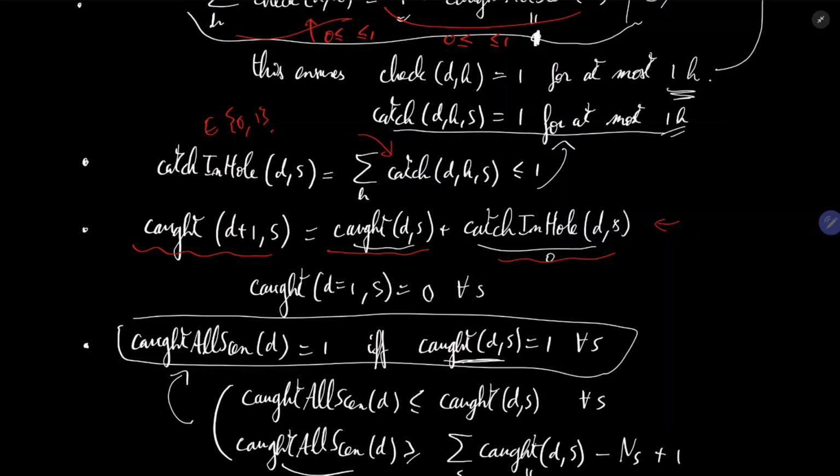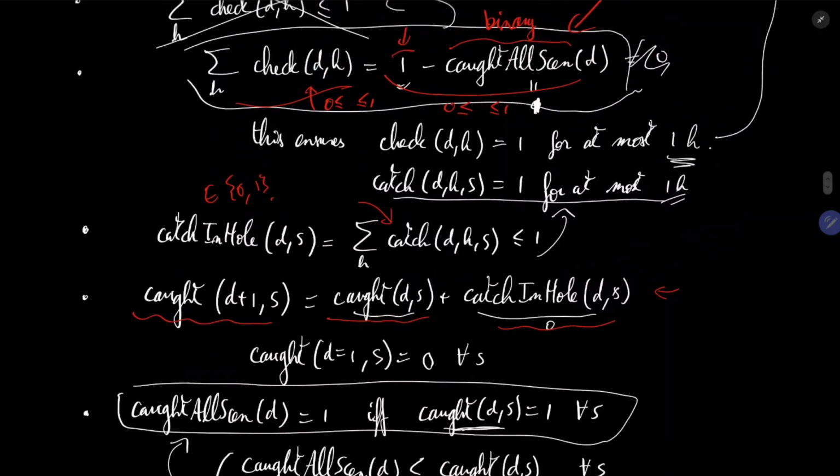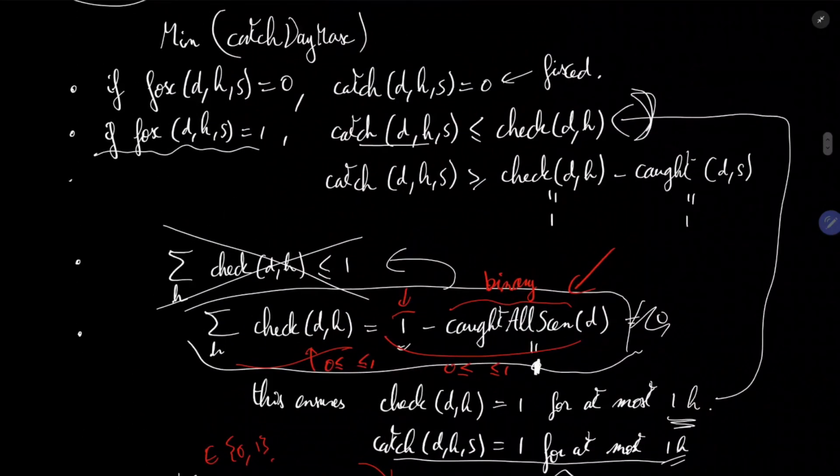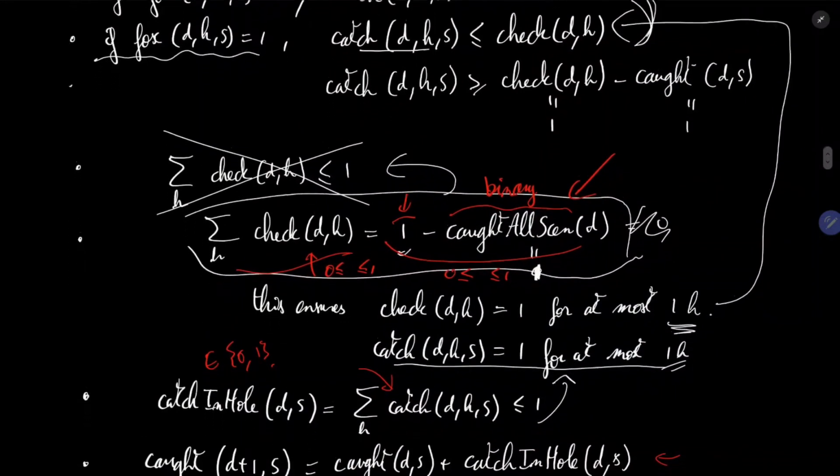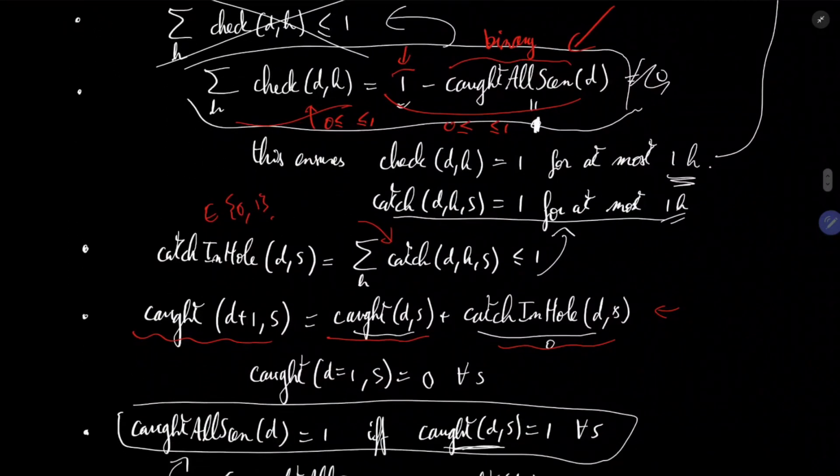And the reason is each catch is lower than check, and we cannot have more than one check equal to 1 per hole. Then this implies that most of the catch are equal to 0 for most of the h, and we have at most one catch that is strictly greater than 0 but lower than 1. And if this is equal to 1, then this only catch value will also be equal to 1.